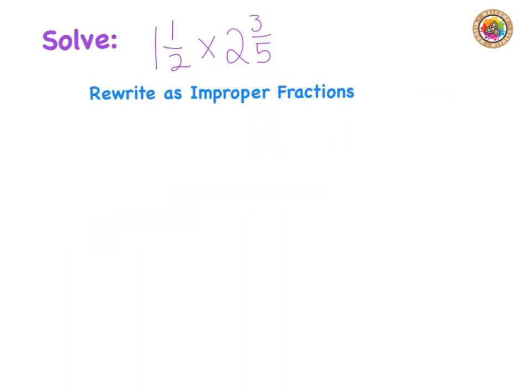So to rewrite this as an improper fraction, we take the 2 here and multiply that 2 by the 1. So 2 by 1 equals 2, and we add on the 1 that was beside it, and that gives us 2 plus 1 over 2, which is 3 over 2.